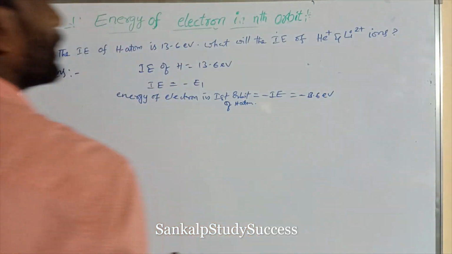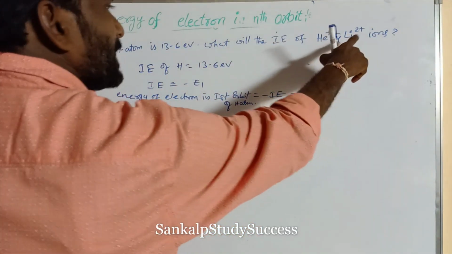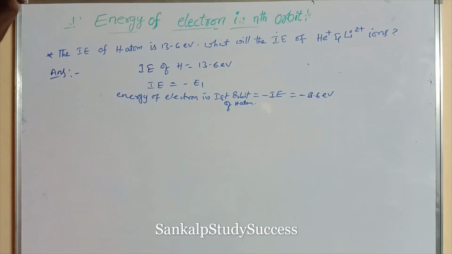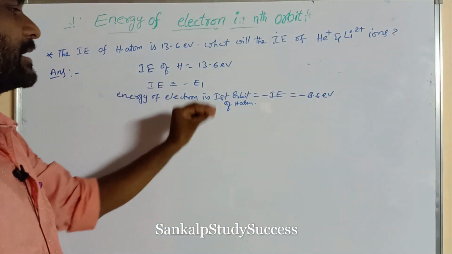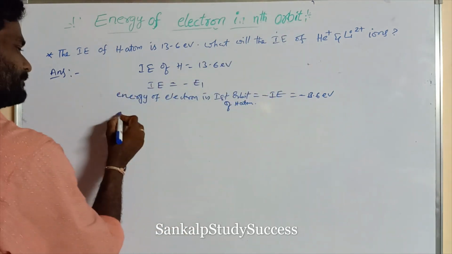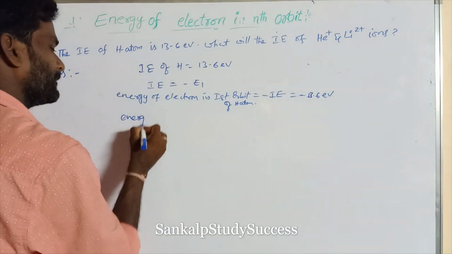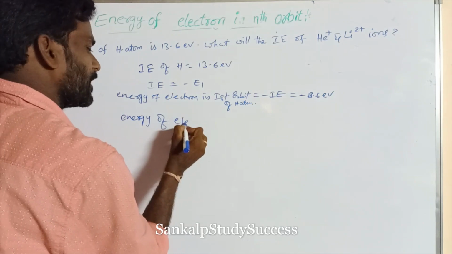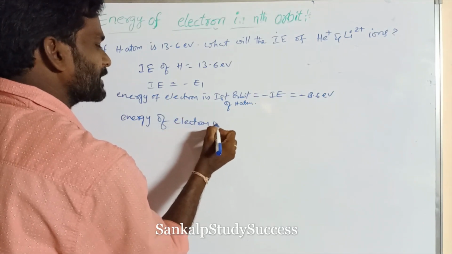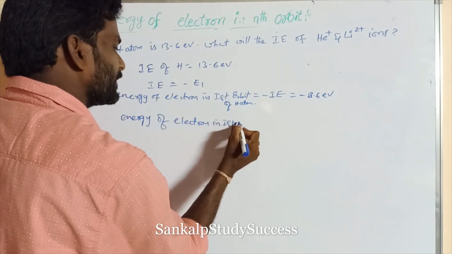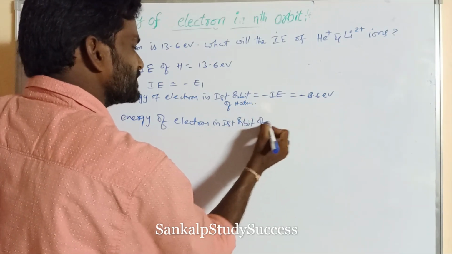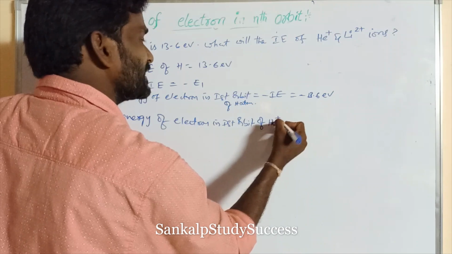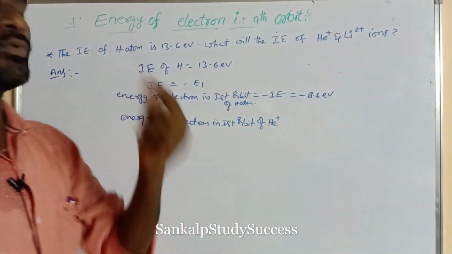Now what will be the ionization energy of He plus and Li2 plus? First of all, we can calculate the energy of electron in the first orbit of He plus. He plus and Li2 plus also contain only one electron.